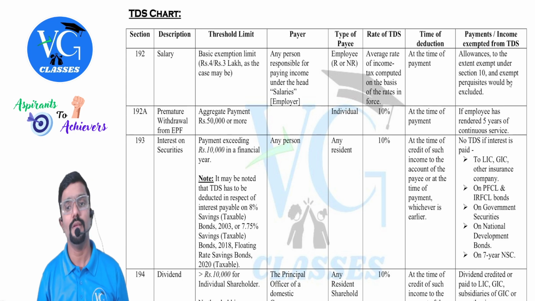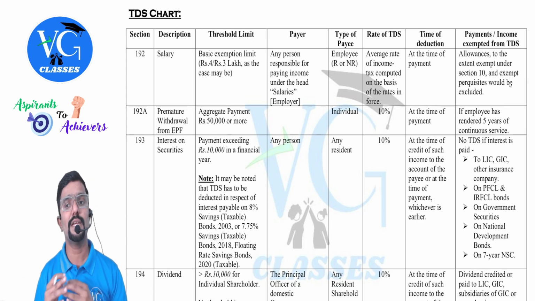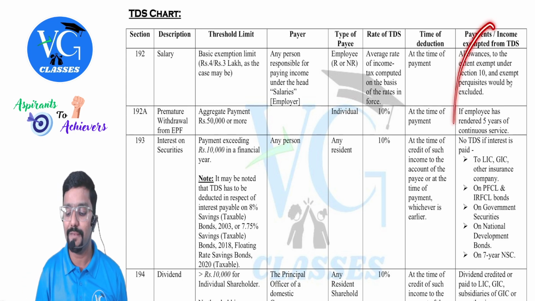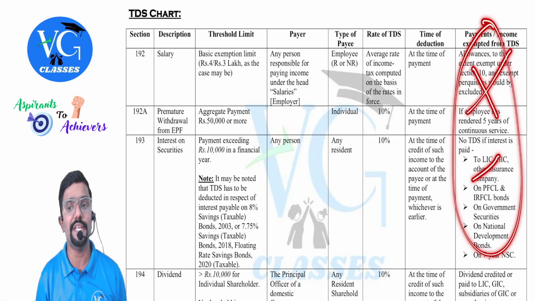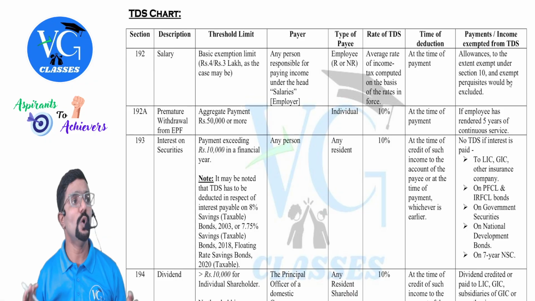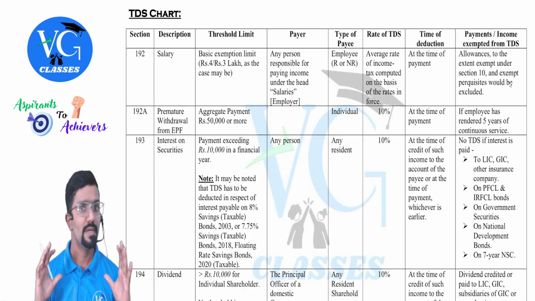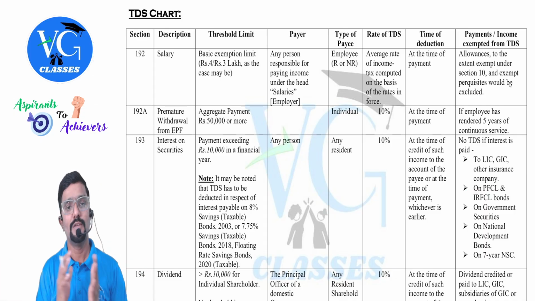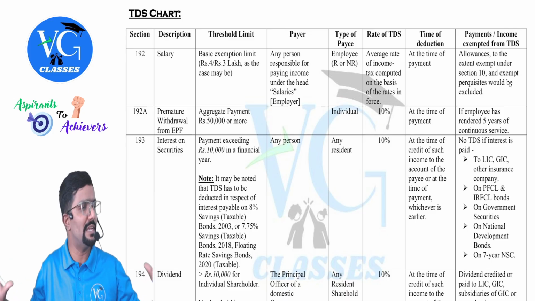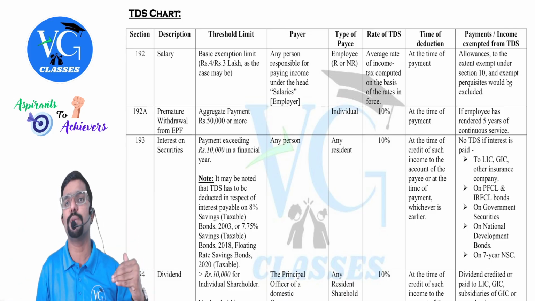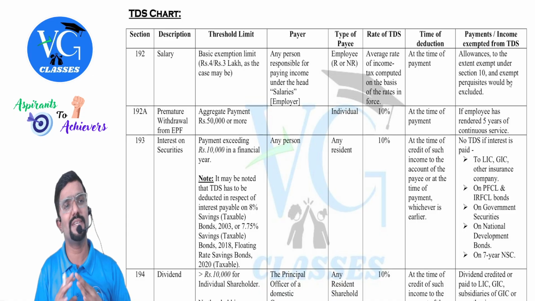Okay. Last one, payments or income exempted from TDS. Means whatever I have given here, on this no TDS, guys. Even though by chance these amounts are more than the threshold limits, still no TDS. So if you just know this chart, it is more than enough, guys. To the extent possible, I have tried to simplify it for you. Sir, if I just study this much, is it enough?